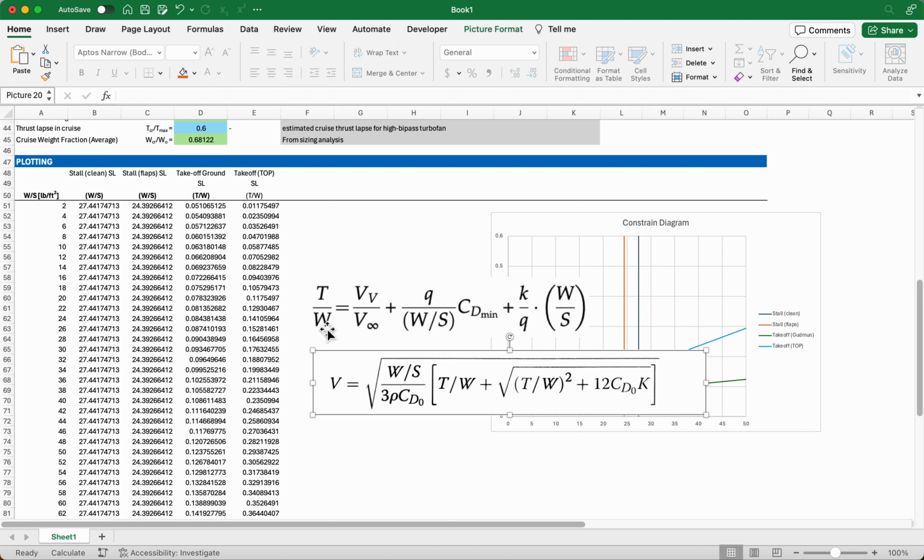So you can see we have our thrust to weight ratio equation in terms of some airspeeds, our dynamic pressure, which is calculated at this airspeed V, wing loading, minimum drag coefficient, our lift-induced drag coefficient, K, which again is 1 divided by pi times aspect ratio times our span efficiency, divided by Q, which is our dynamic pressure times our wing loading. So we're going to have this interesting function, and our best airspeed, or airspeed that gives us our best rate of climb, is also a function of wing loading and thrust to weight.